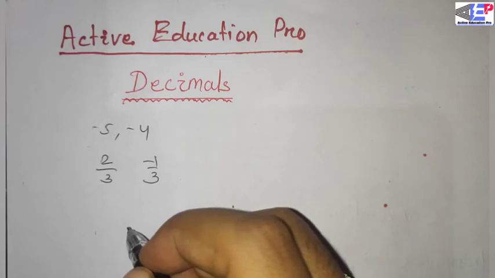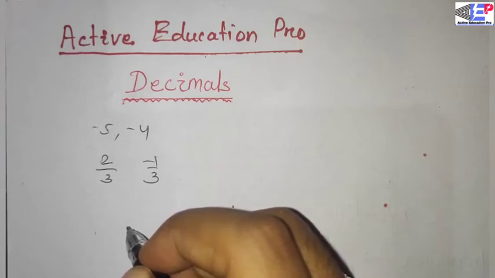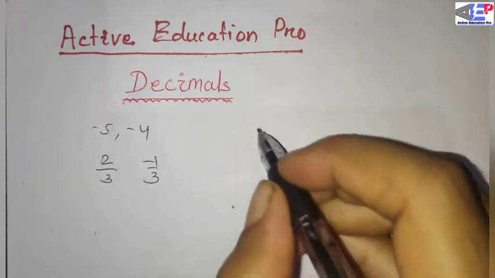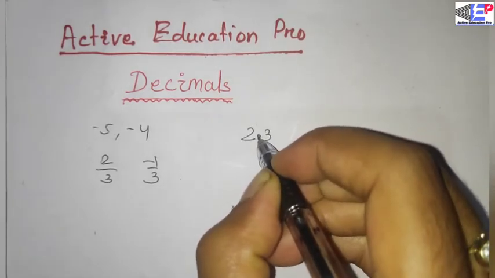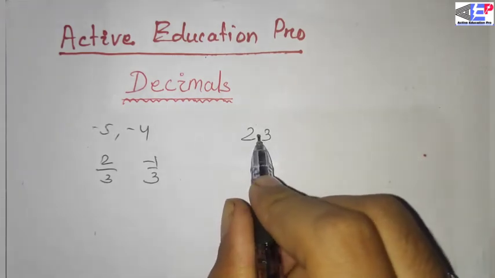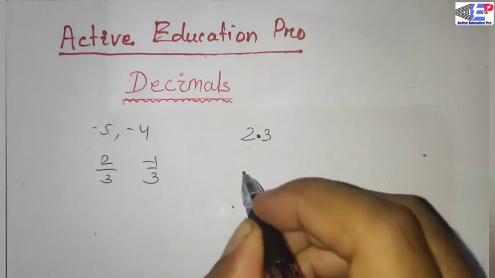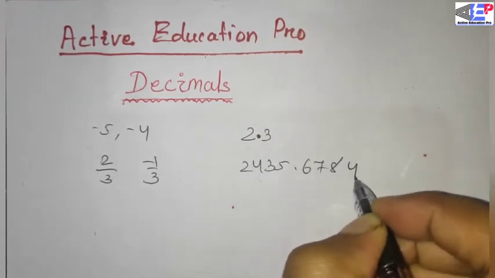Always first search for a decimal point, a point in the number, wherever it may be. Suppose this is 2.3, this point is the decimal point. You can also write 2435.6784.